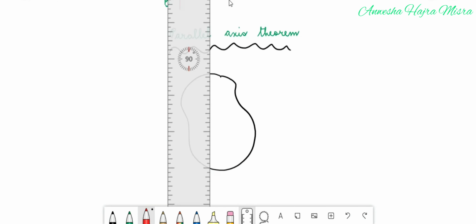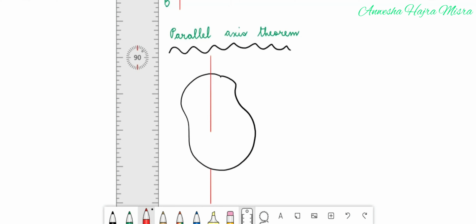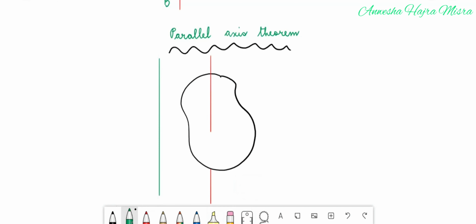This is an axis passing through the center of mass. And I want the moment of inertia of the body about an axis CD at a distance h from AB.